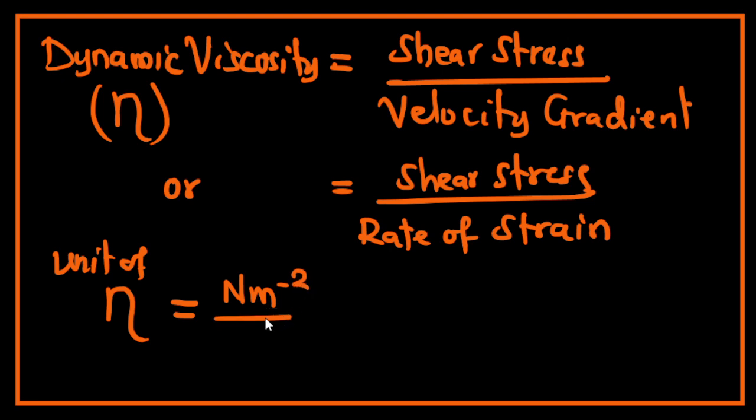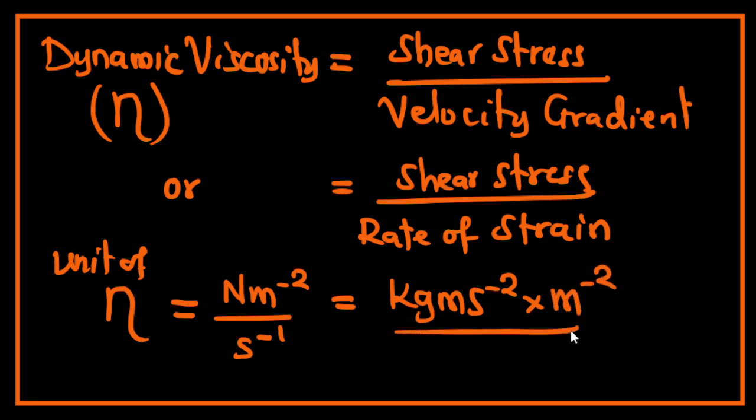Velocity gradient means change in velocity over length, making the unit per second. If you break down Newton, that's kilogram meter per second square, times meter raised to the power of minus 2 over s raised to the minus 1.